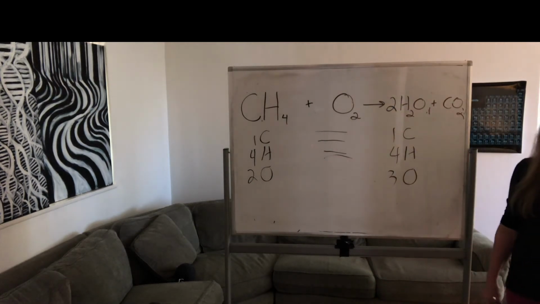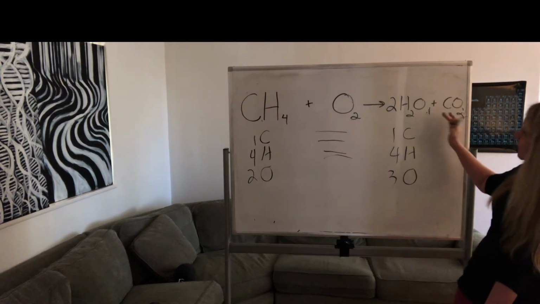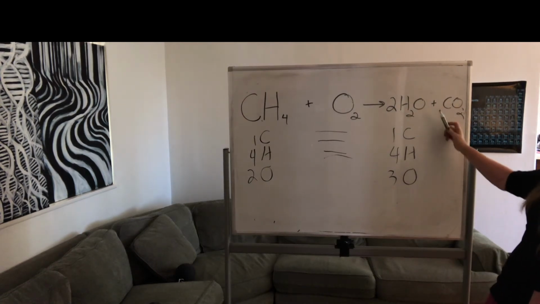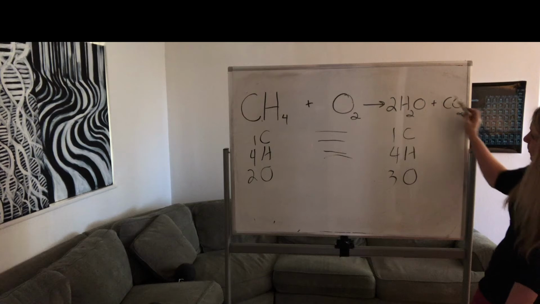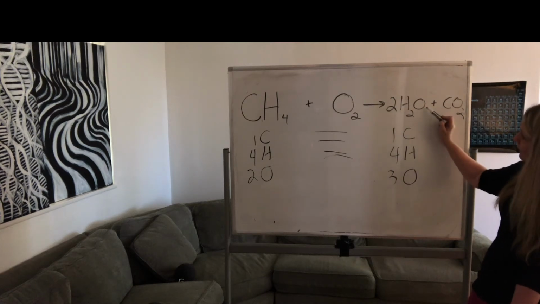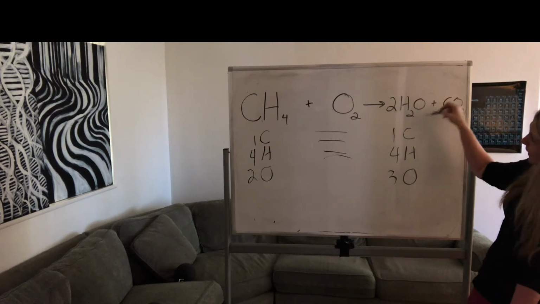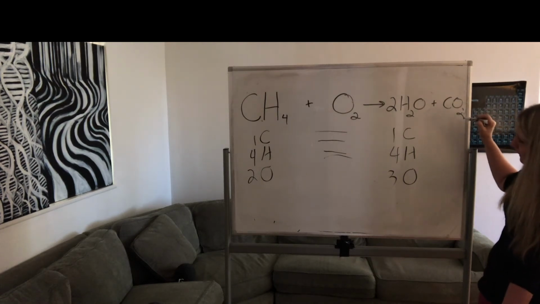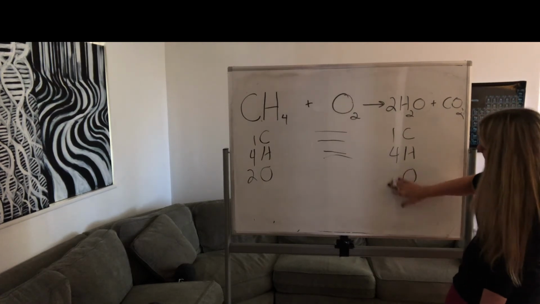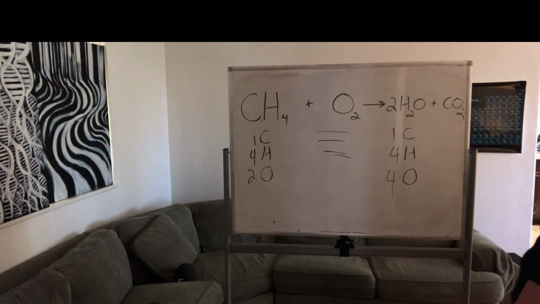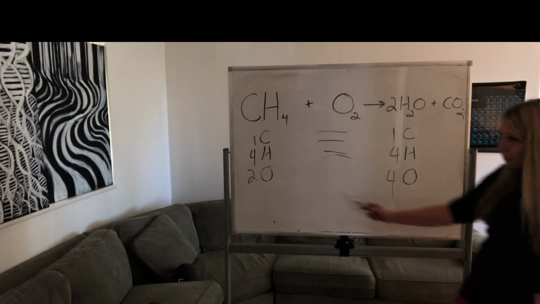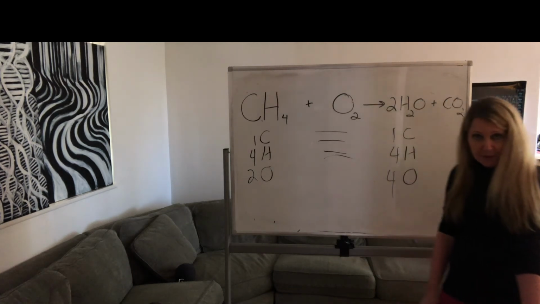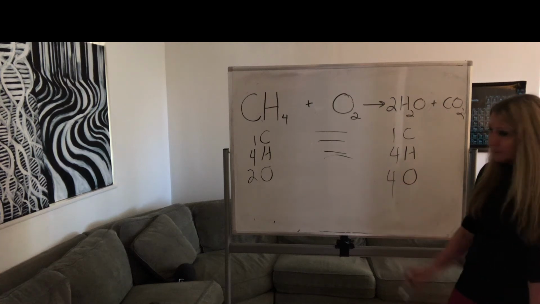You can write 1 if it helps you. You don't have to write 1. Just assume there's 1. So how many total oxygen atoms will we have? 2 oxygen atoms right here, and we have 2 over here. So now we have 4 oxygen atoms. So 4 oxygen atoms on this side, 2 oxygen atoms on this side. So they're not balanced.